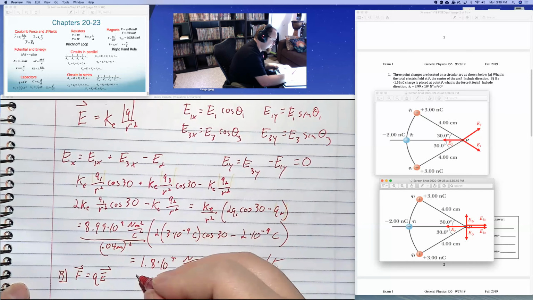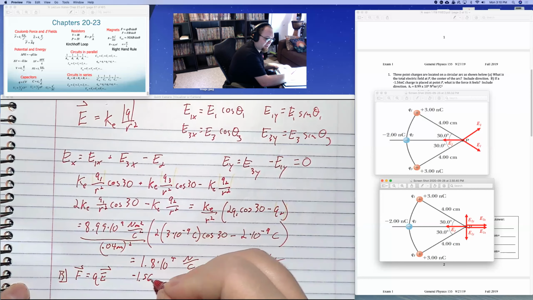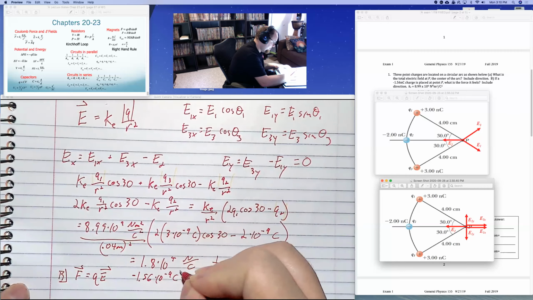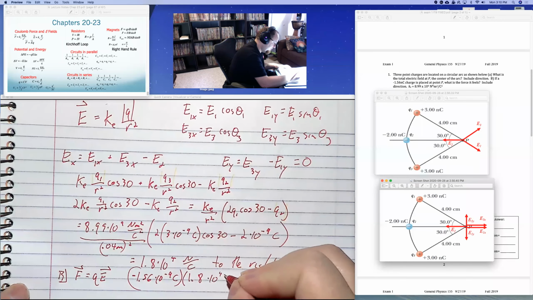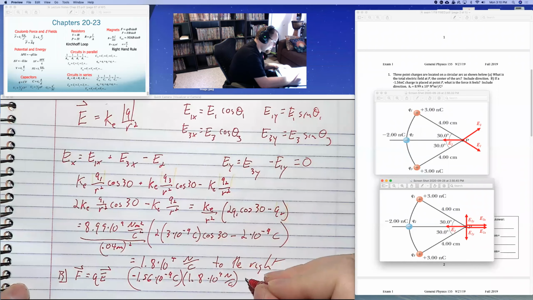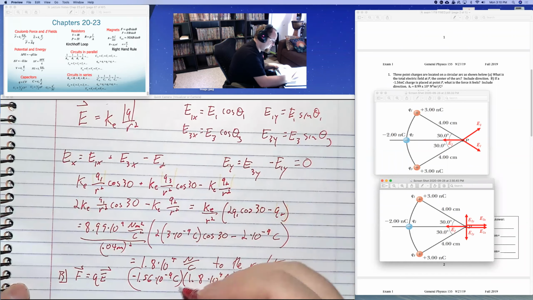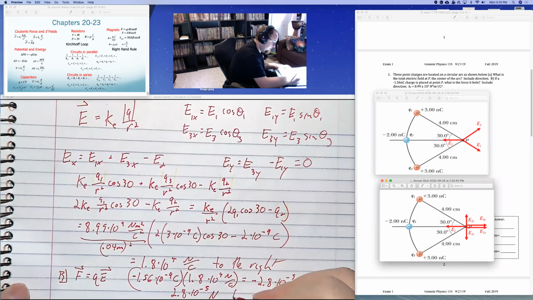So it'll just be my charge, negative 1.56 times 10 to the negative 9 coulombs, times my electric field, 1.8 times 10 to the 4th newtons per coulomb, which gives me negative 2.8 times 10 to the negative 5th newtons, or 2.8 times 10 to the negative 5th newtons to the left.